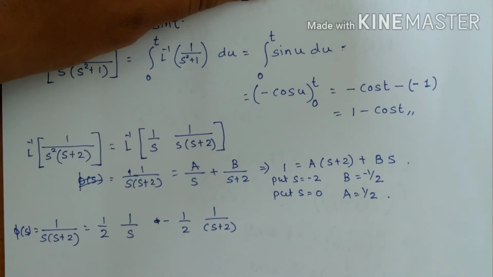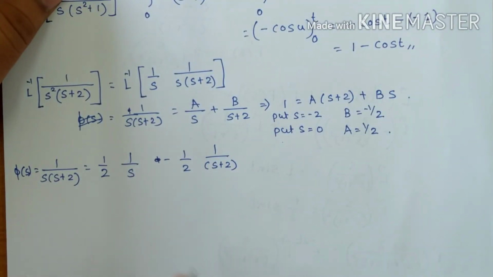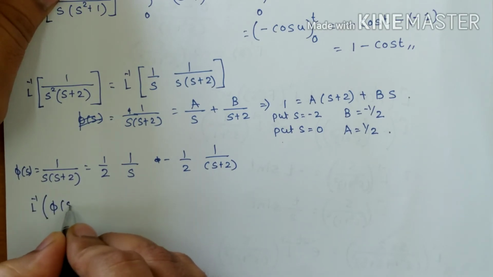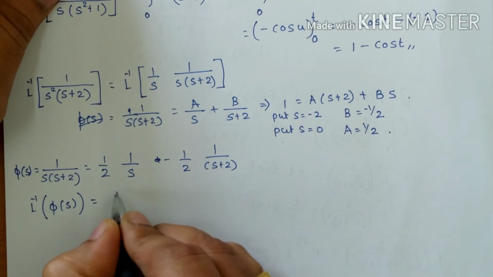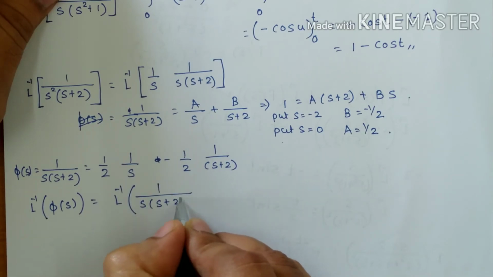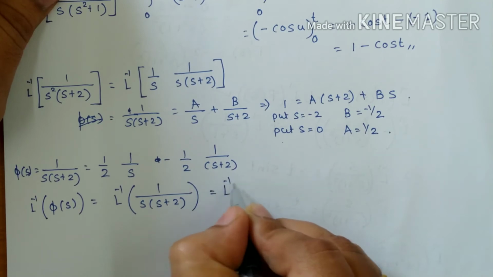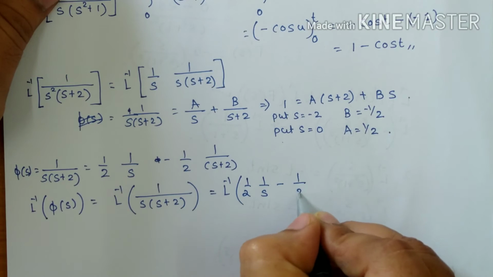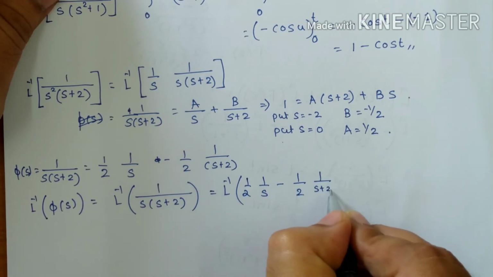Is this okay? Now we will take an inverse Laplace of phi of s, which is inverse Laplace of 1 upon s into s plus 2, which is nothing but L inverse of 1 by 2 into 1 upon s minus 1 by 2 into 1 upon s plus 2.